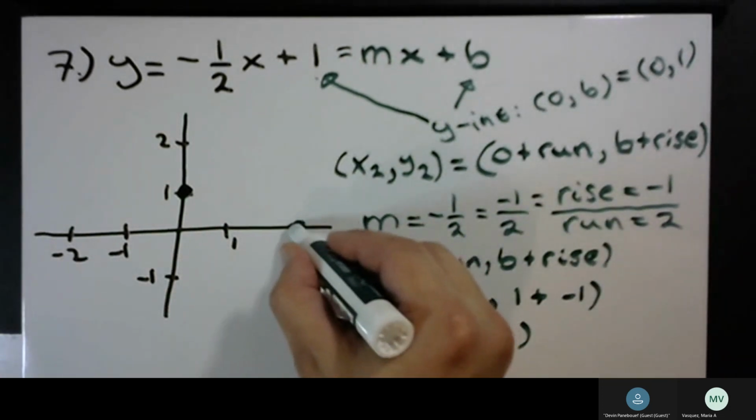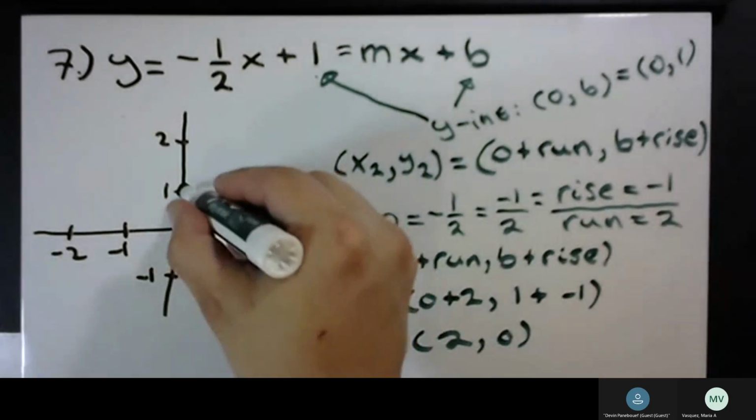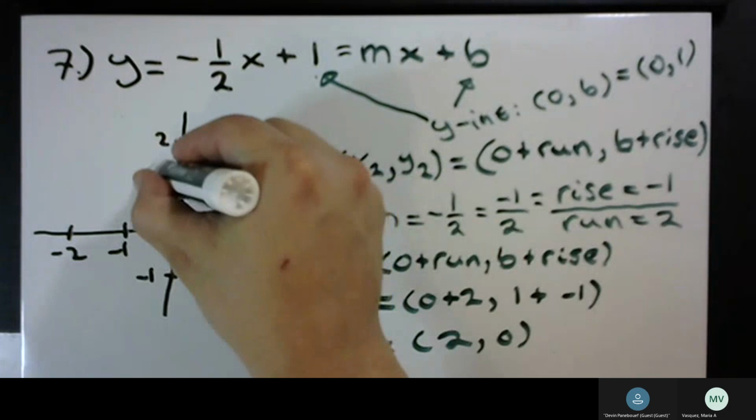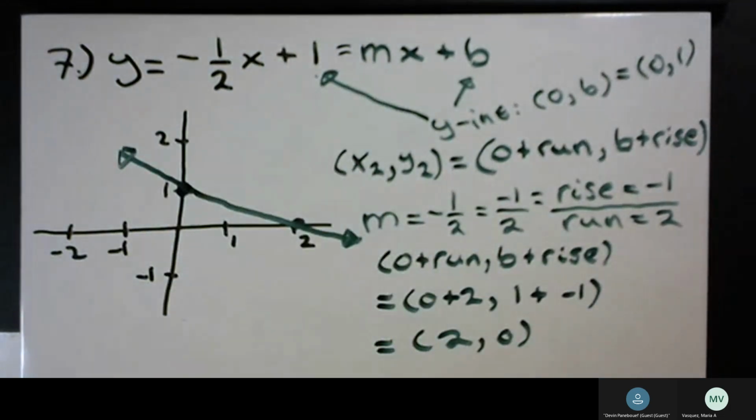And so that gives us the second point. Connecting these 2 points, that's going to give us our answer. So there's a couple ways you could do this. Any questions about that?